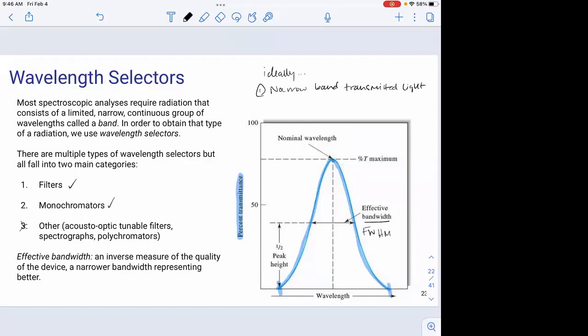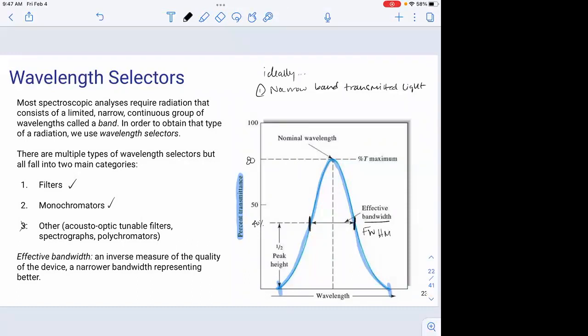So if I'm at, let's call it, for ease, 80% total transmittance of the light that comes through at the nominal wavelength maxima, that means that the full width of that peak at half max, which would be 40% transmittance, is where I will measure this width.